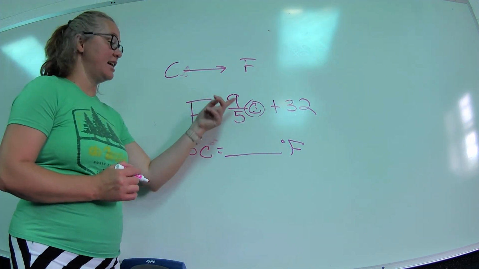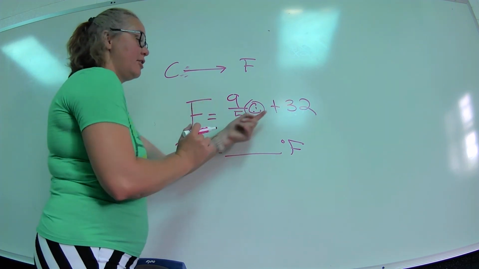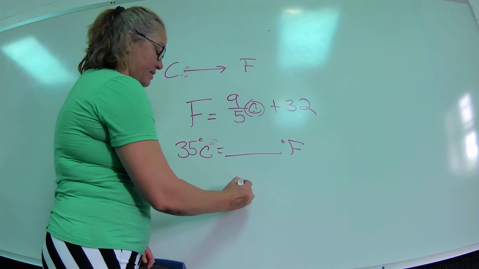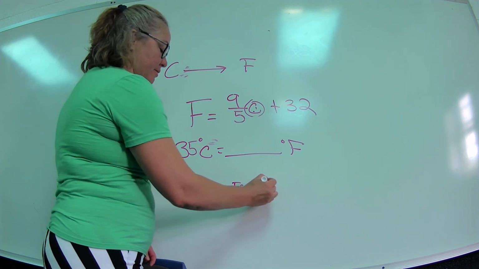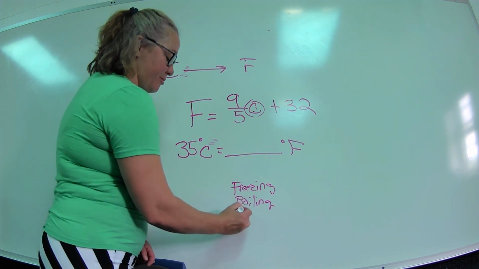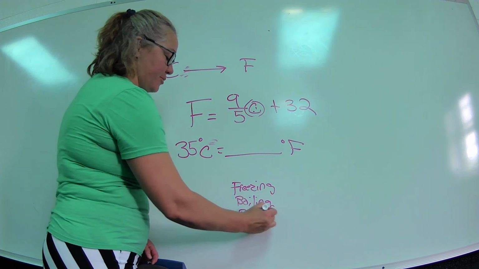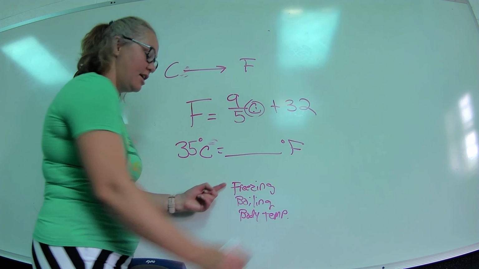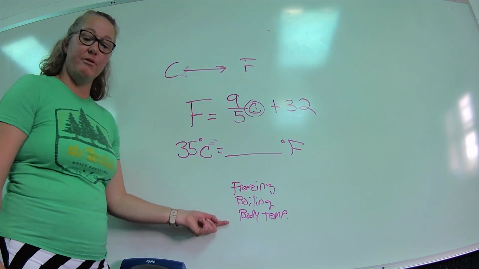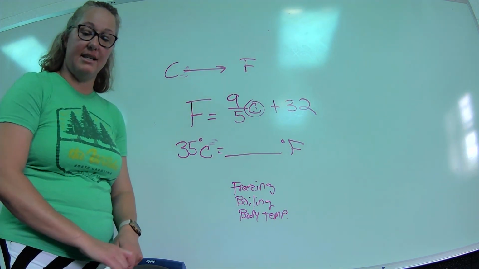Fahrenheit equals 9/5 C plus 32. Remember the freezing points. Remember the boiling points. And remember body temperature. All right, we'll review these again in the next lesson. Freezing point, boiling point, body temperature. See if you can remember those for me for the next lesson. Catch you later.